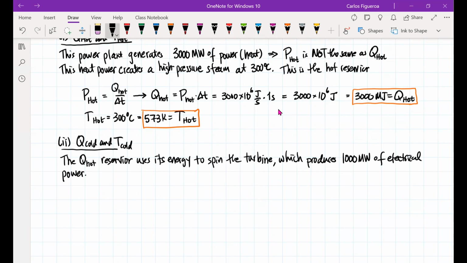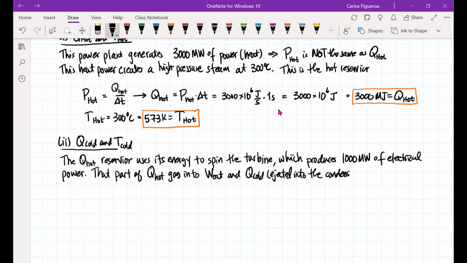So what you're seeing here is that part of Q hot goes into the work out, and Q cold is ejected into the condenser. So again, that Q cold is the leftover.